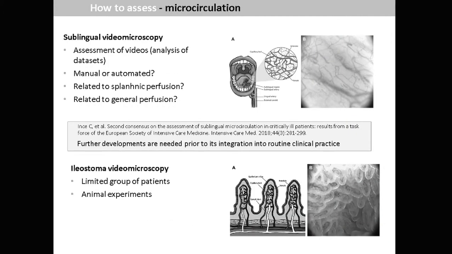especially because this is assessment of videos, it is difficult to know whether it has been done manually or automated. What is the quality of video taken from the sublingual area? There are some ideas that the sublingual area reflects the changes in splanchnic areas, because in development of the organism this is the same area. We may see what happens in the sublingual area and think that the same occurs in the splanchnic area.